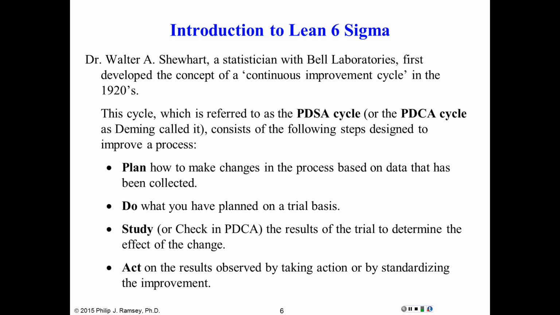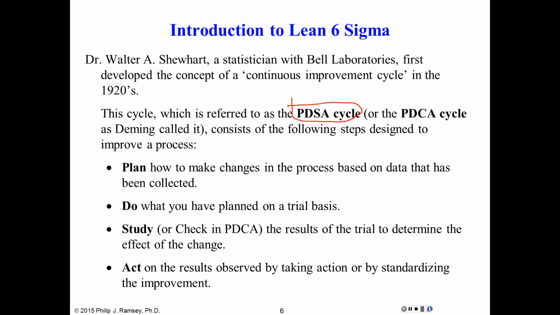And again, I'm not going to dwell on the details, but he developed something known as the Plan, Do, Study, Act cycle. Well, it turns out that Edwards Deming was actually a disciple of Walter Shewhart.